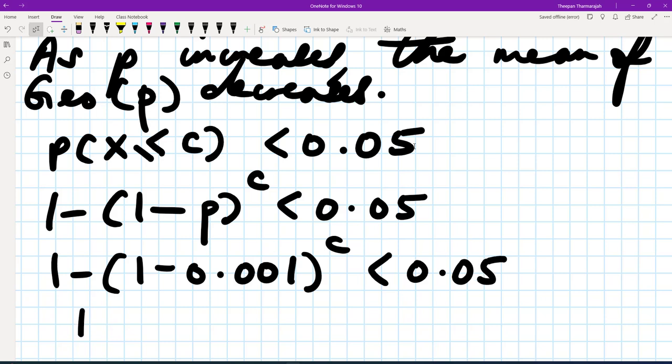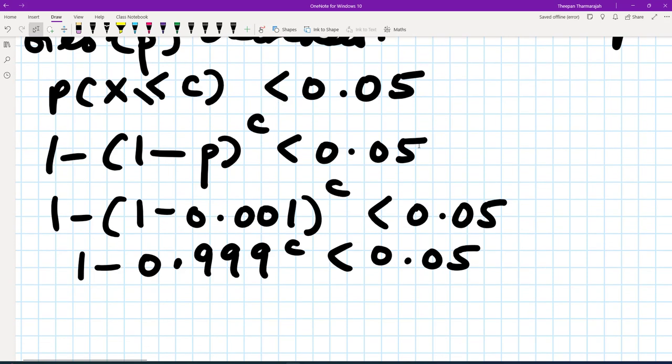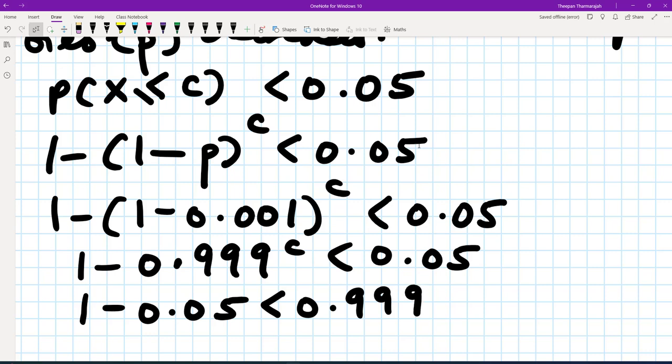So 1 minus 0.999^c is strictly less than 0.05. So we can say that 1 minus 0.05 is strictly less than 0.999 raised to the power of c.